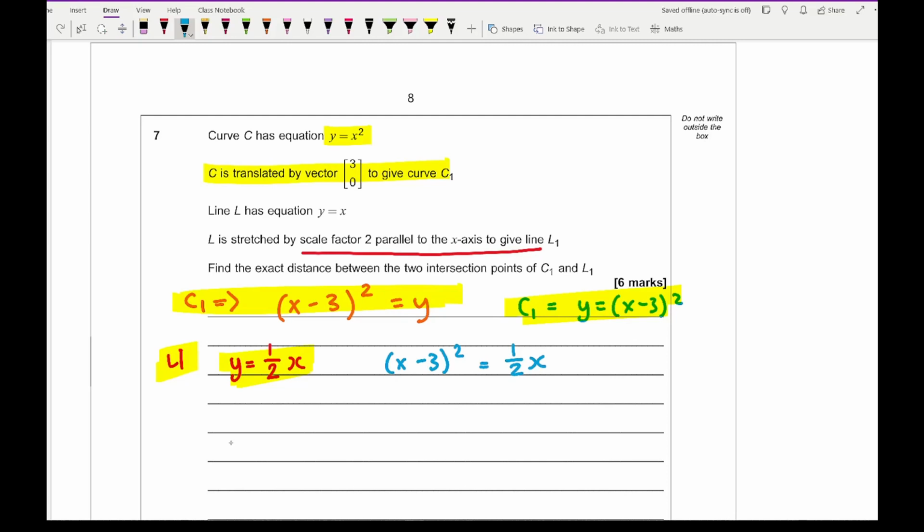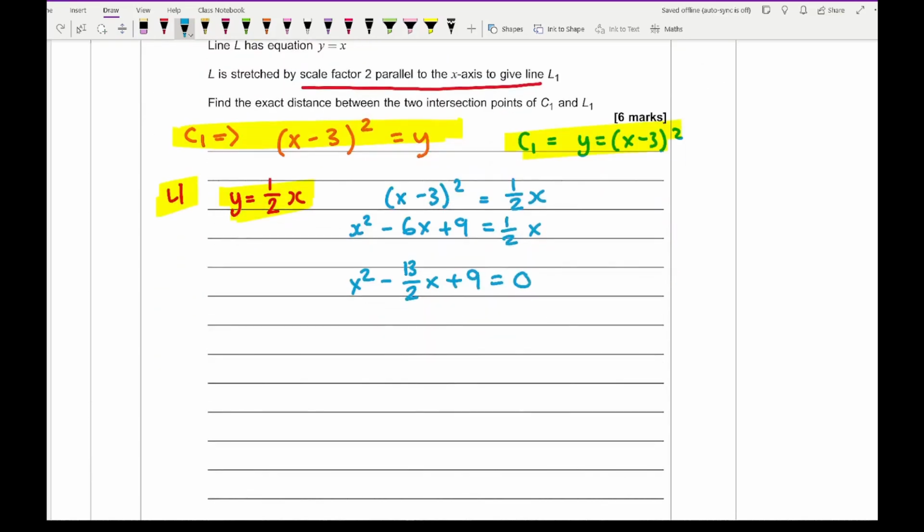From this, if I expand the brackets, I get x squared minus 6x plus 9 equals a half x. Then if I take it all onto one side, I end up with x squared minus 7 over 2, and it's not going to be 7 over 2. It's going to be 6.5, which is 13 over 2, x plus 9 equals 0.